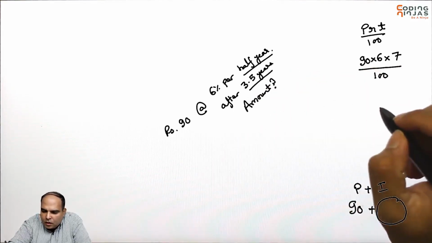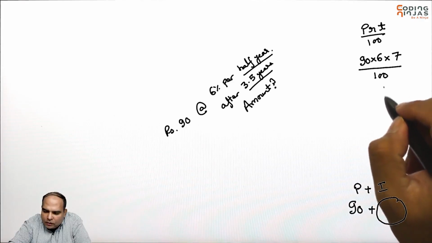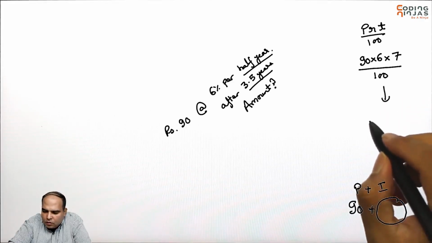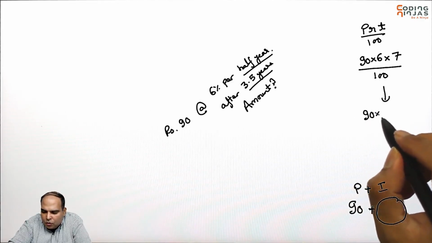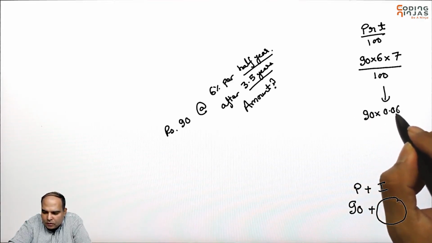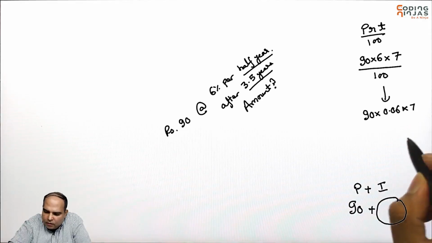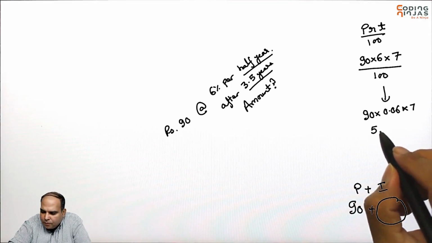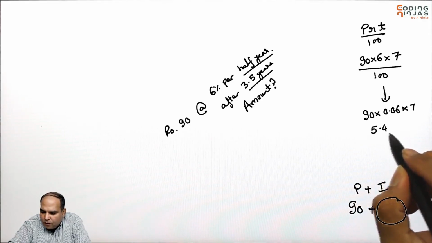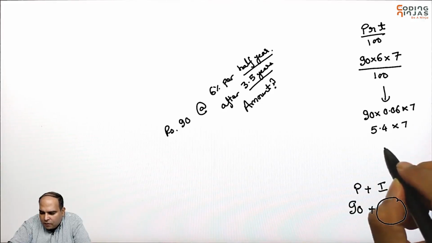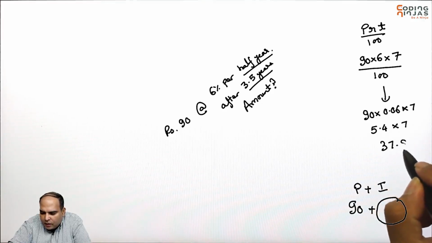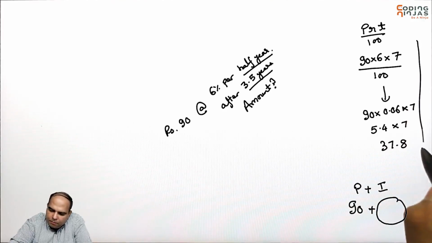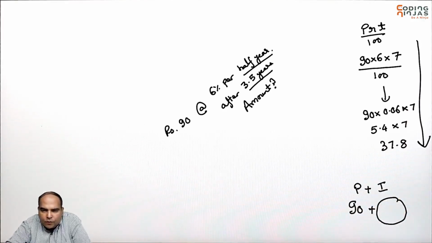So if you just multiply all this, you'll get your answer. So 90 into 0.06 into 7, which is 5.4 into 7, which is 37.8. So this is the formula based thinking in this situation.